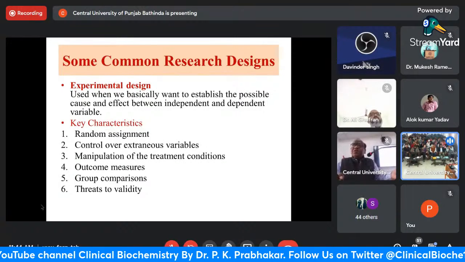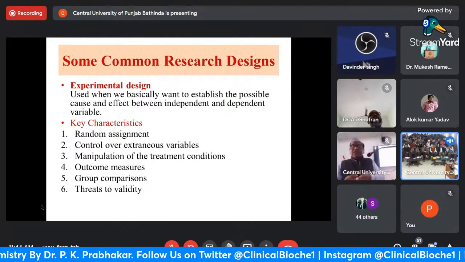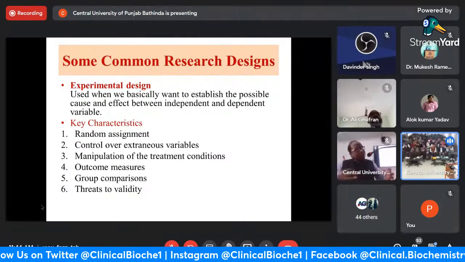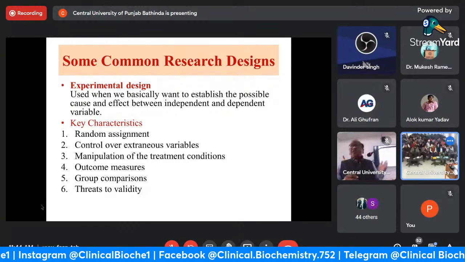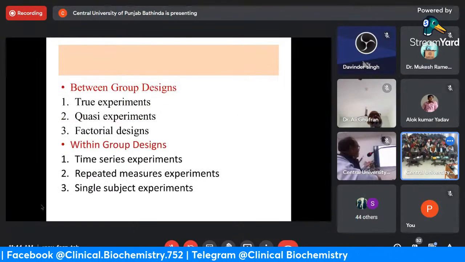There is every possibility of interaction between the pre-test and the post-test. We should be very careful. What will be the interval between pre and post-test? For how long will it be given? These are certain fundamental concerns.